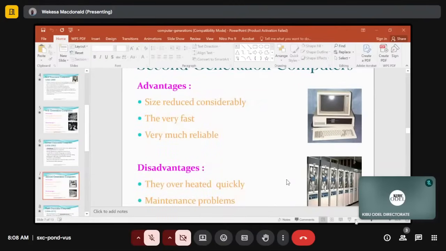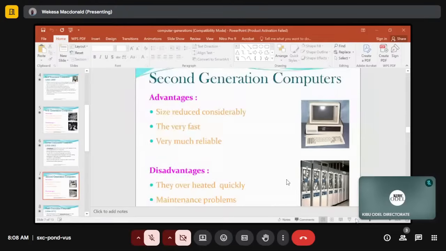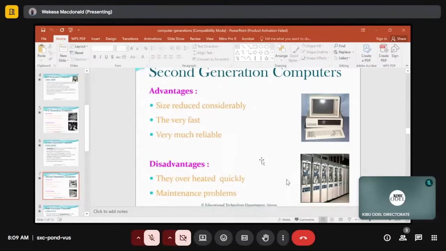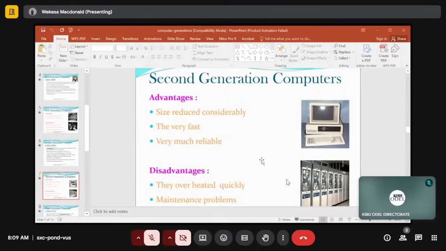What are some of the advantages and disadvantages, merits, demerits, cons and pros? The pros of second generation computers is that size reduced considerably compared to the first generation.